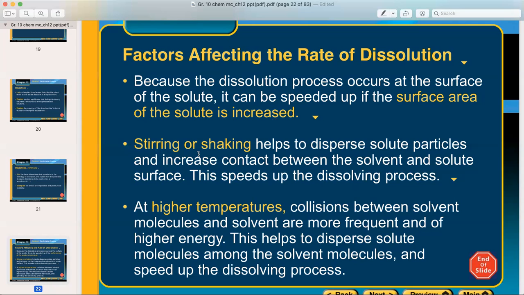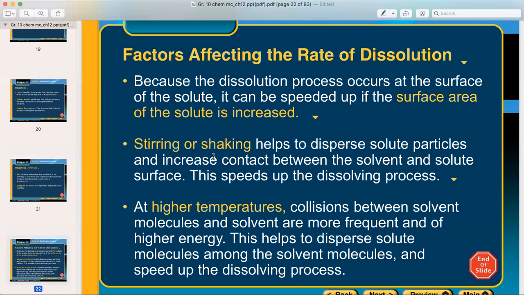Second, stirring or shaking. Before I explain the process of stirring or shaking, remember one thing: when solute particles collide more with the solvent particles, the solute will dissolve more quickly compared to when we are not shaking or stirring.